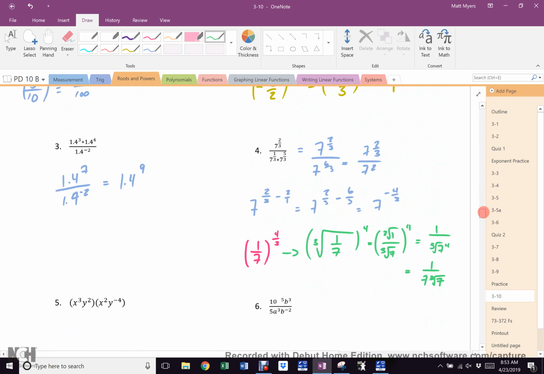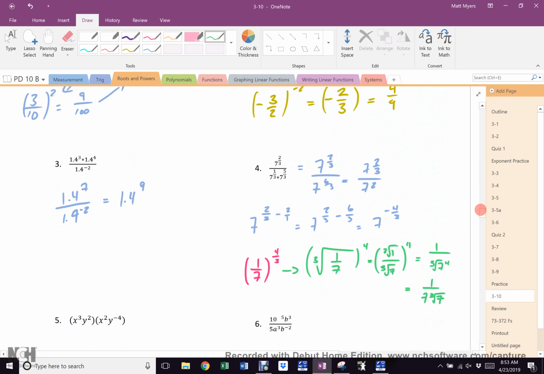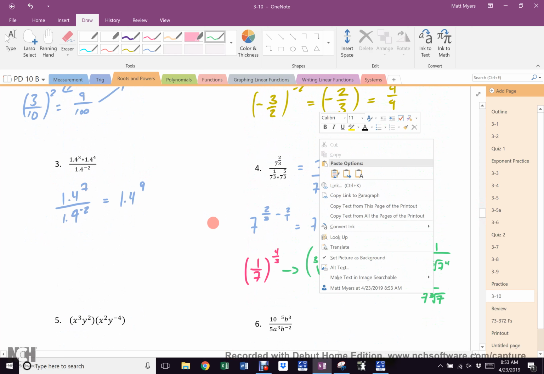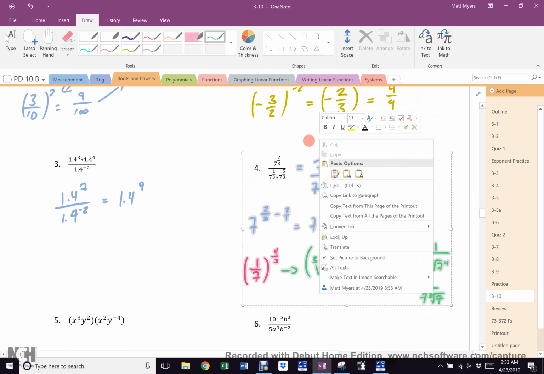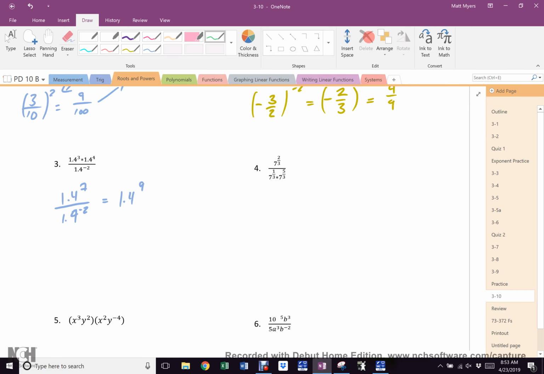All right. So this one is particularly problematic, so I'll go over this one with all of you from scratch. All right. So, again, even though it looks scary, it's not. Why? Because they've all got the same base, yes? So, what should I do there? Add them. So I have 7 to the 2/3 over 7 to the 6/3.